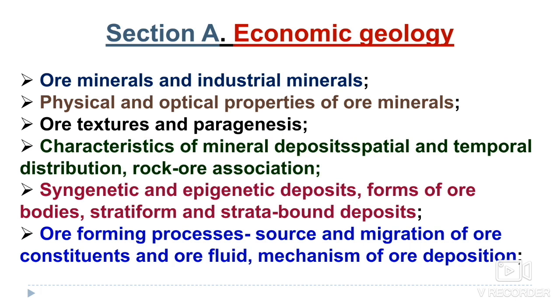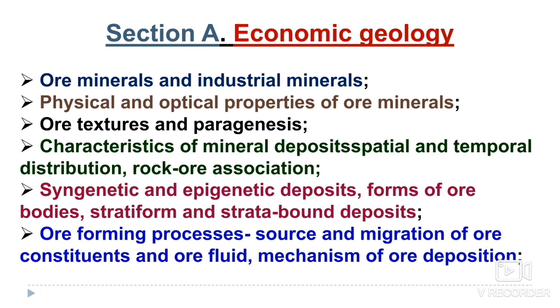The syngenetic and epigenetic deposits, forms of ore bodies, stratiform and strata-bound deposits, and ore forming processes, source and migration of ore constituents and ore fluids, mechanism of ore deposition.